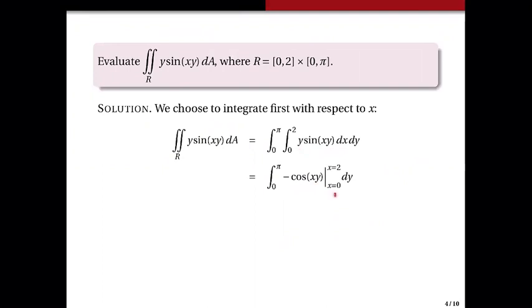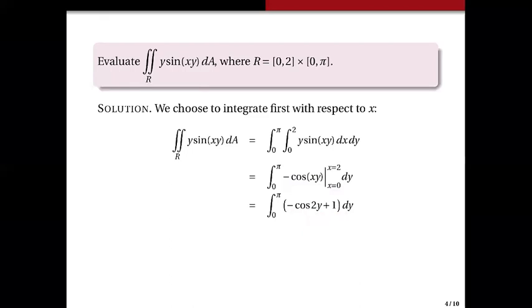Evaluating at x equals 0 until x equals 2, we will have negative cosine 2y for x equals 2, plus negative of cosine 0 for x equals 0. But cosine 0 is equal to 1. So we'll just have negative cosine 2y plus 1.